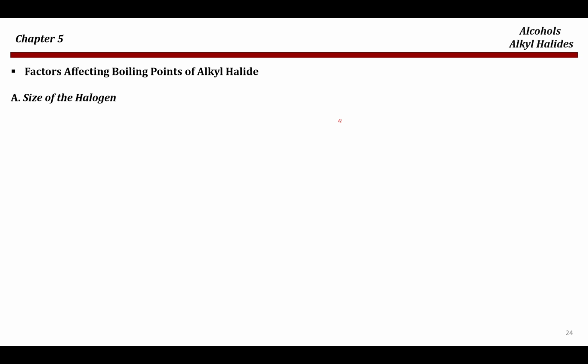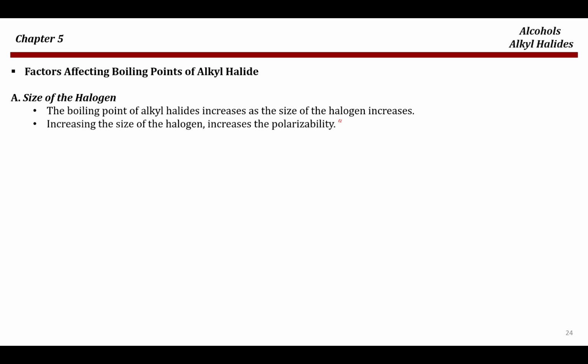The first factor is the size of the halogen. As the size of the halogen increases, the boiling point of the alkyl halide increases. The reason is that increasing the size of the halogen will increase what we call polarizability.